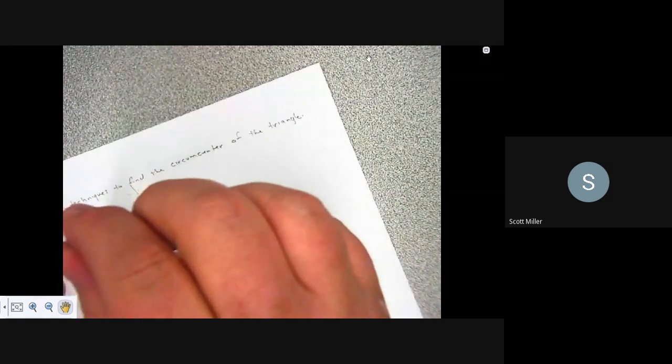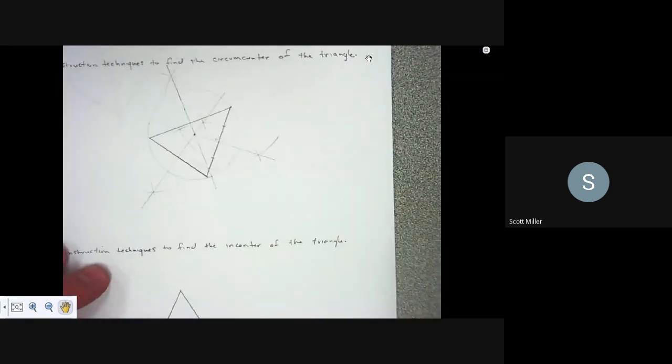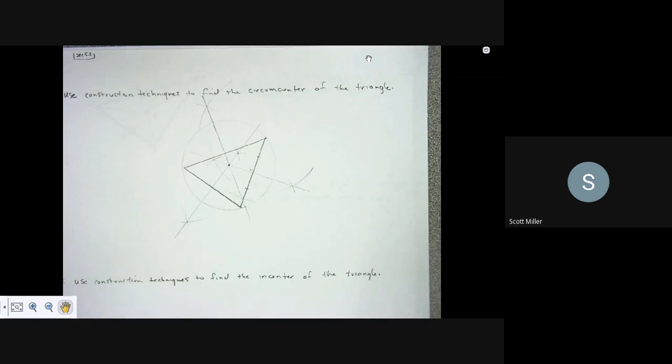But then draw your circle. And there you go. That's how we find the circumcenter and draw the circumscribed circle around a triangle.